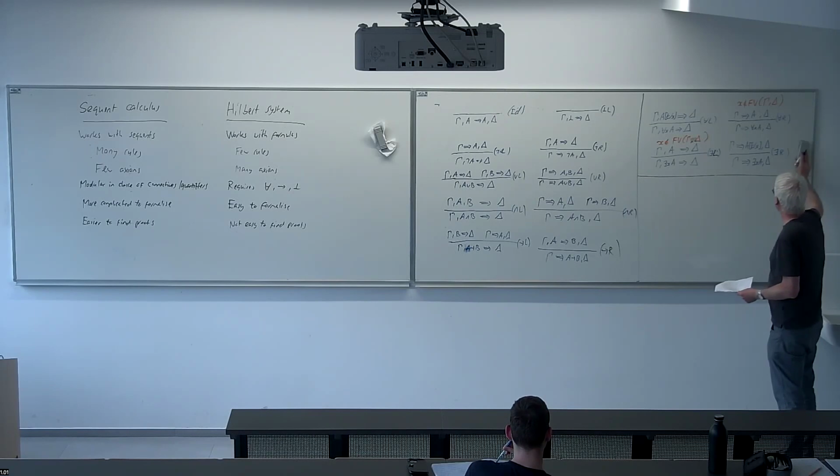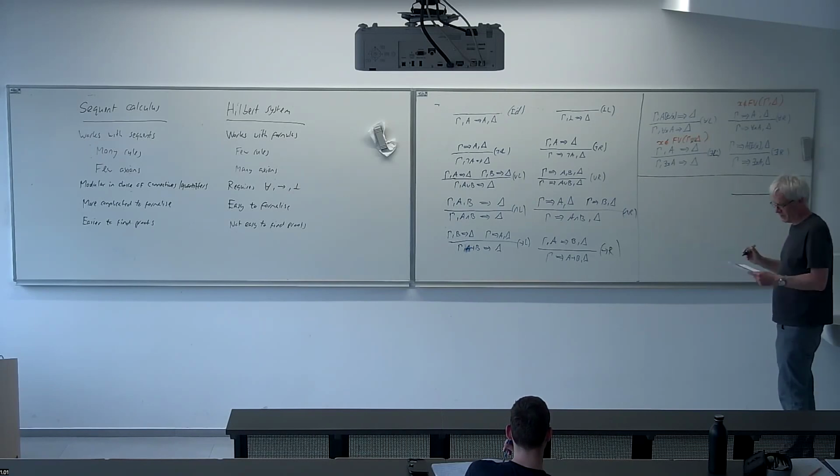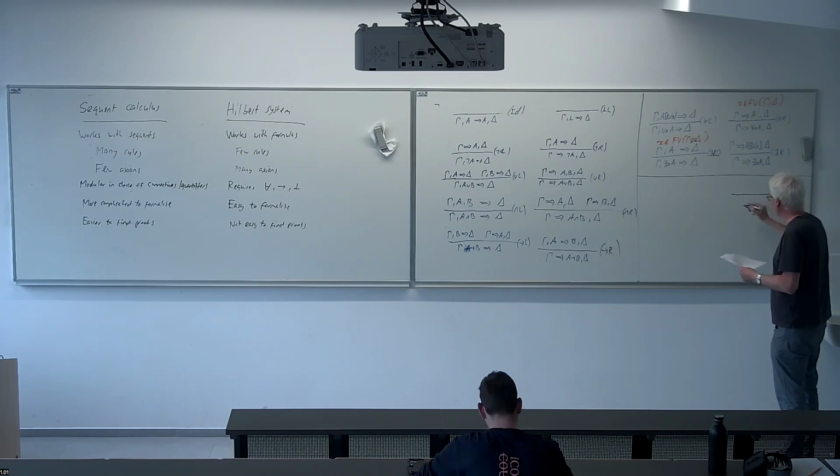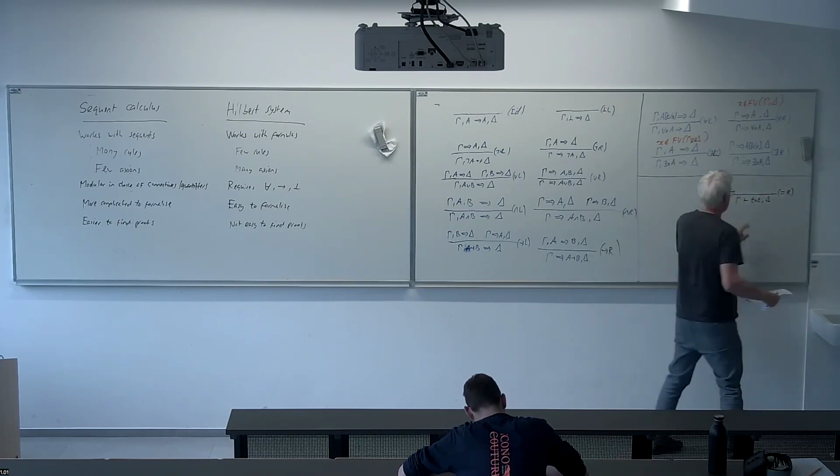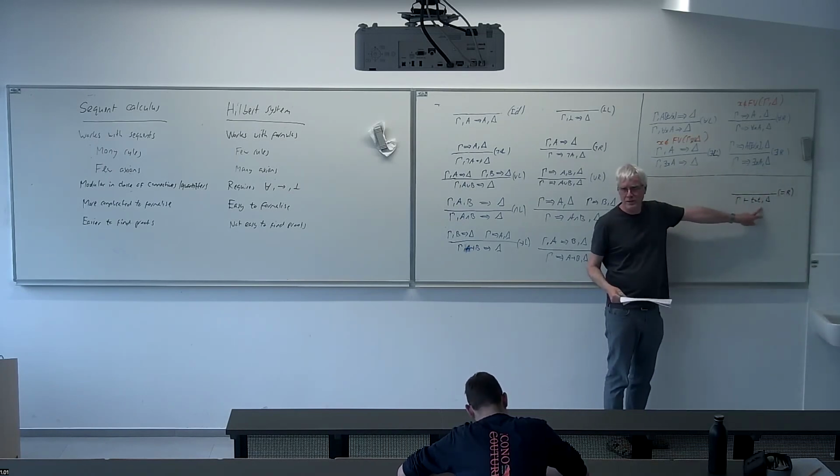The rule for the right of a sequent just implements the reflexivity of equality. So the rule for equality on the right is that for any term, you can always prove the term is equal to itself.